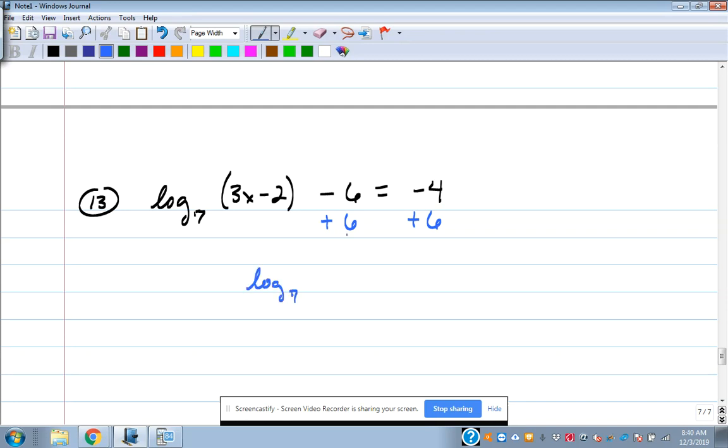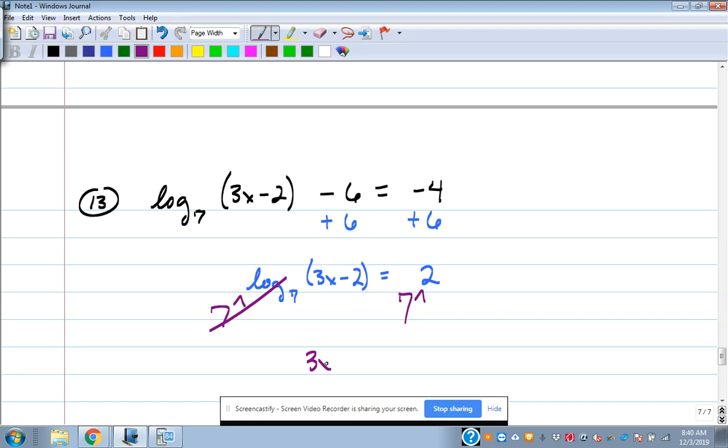Log base 7 of 3x minus 2 is equal to 2. And now it's either exponentiate or rewrite as an exponential. They are the same thing. I'm just going to exponentiate. That's just kind of my style of doing it. Whatever way you want to do it.